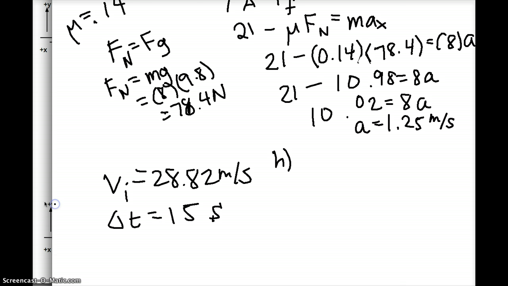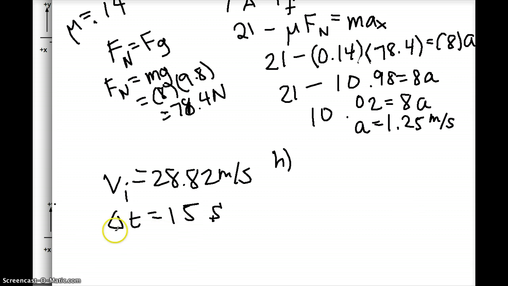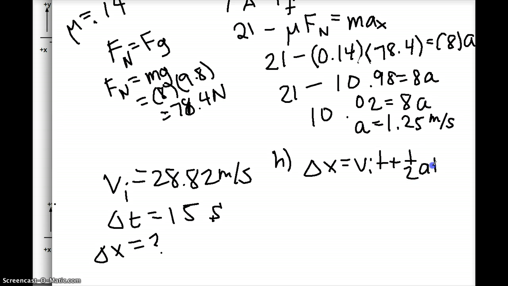What we're trying to find is how far it travels. So what's delta x? I'm probably going to use the same equation from the previous part where they asked us the displacement on a frictionless surface.